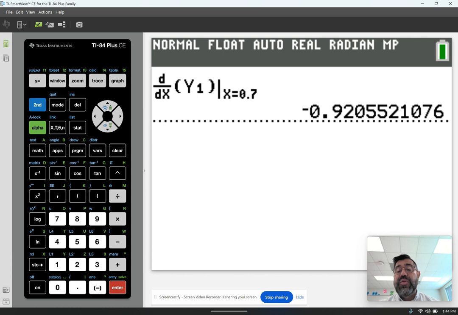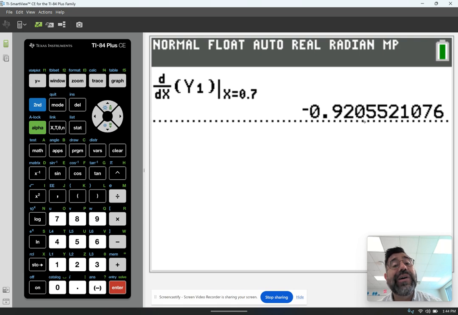Negative 0.921. Remember, our answer needs to be accurate up to 3 decimal places. So you could just cut it off and say negative 0.920, or you can round it and say negative 0.921. Both will be acceptable and both are correct. But it has to be at least 3 decimal places. You can put more, but it has to be at least 3.